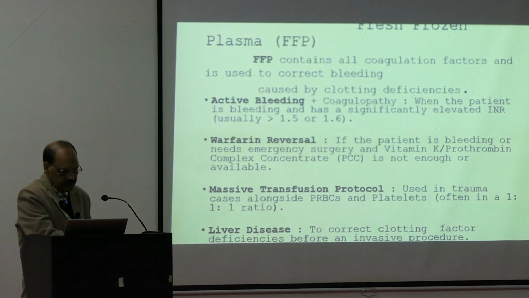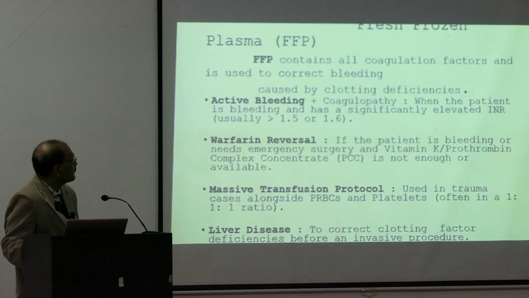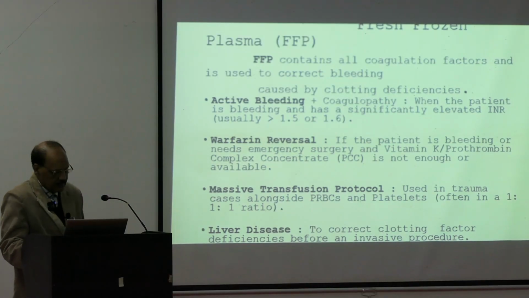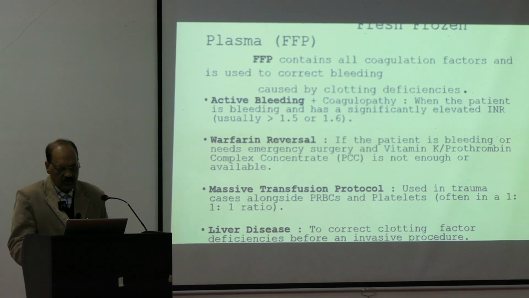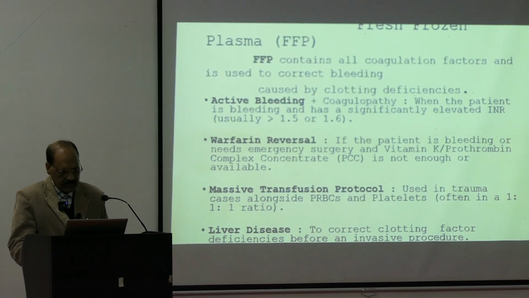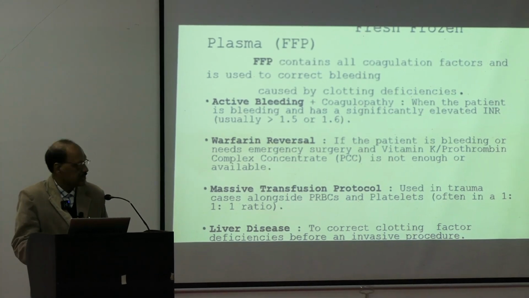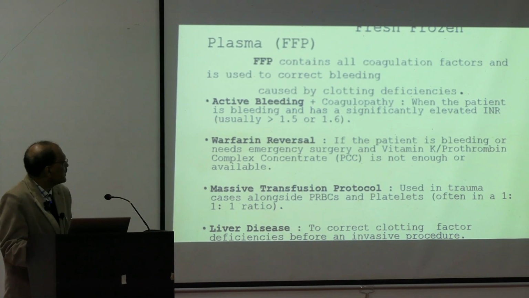When plasma is needed, we have to infuse it. We usually give fresh frozen plasma, we call it FFP. FFP contains all coagulation factors and is given when there is a clotting deficiency. When there is a clotting deficiency, FFP has to be given.